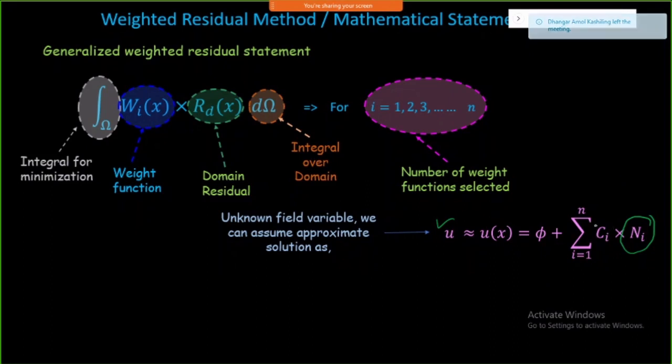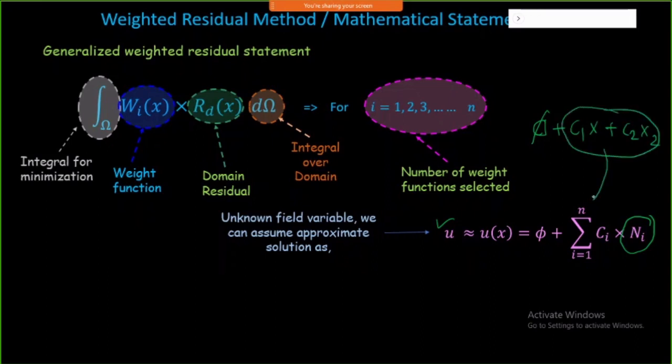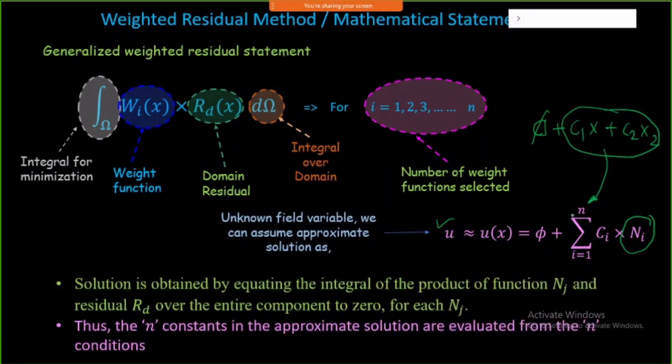These are the constants. I can now write phi as 1 times C1, then I can have x, then C2x. These can be represented simply by a summation symbol like this. The solution is obtained by equating the integration of your weight functions and your domain residual to 0.